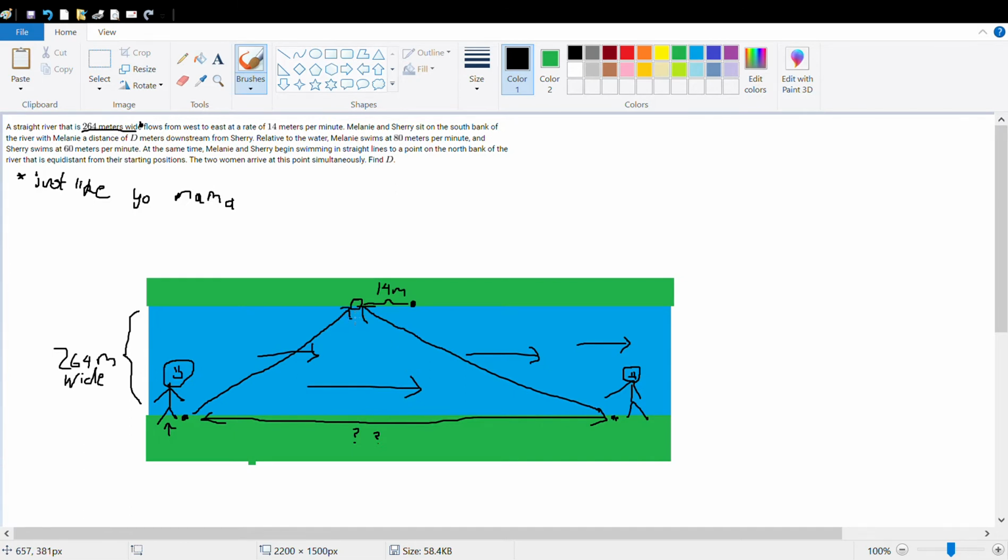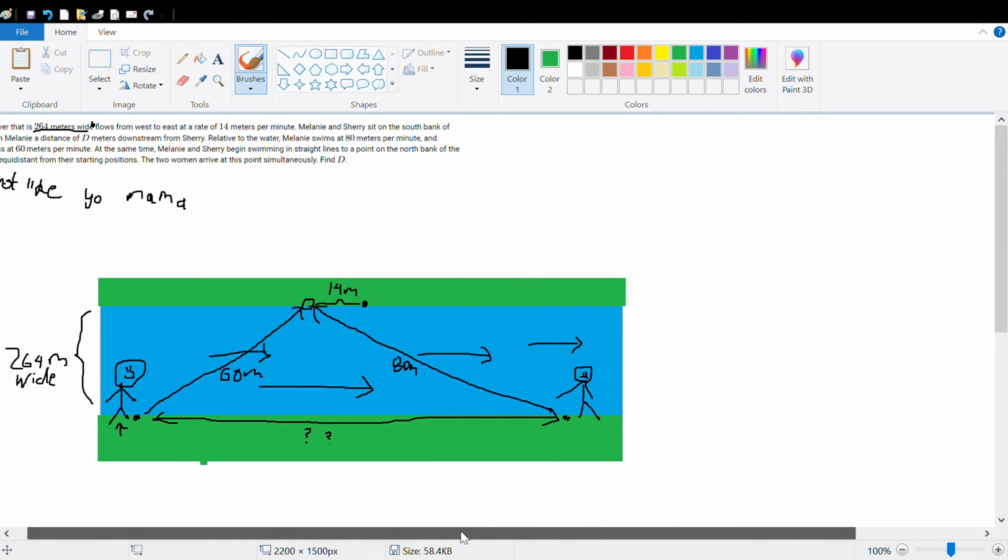So they both aim here, and that's 14m. And now we have a geometry problem. Since we also know what these lengths are, this is 60m and this is 80m. So we can draw a sketch without all the beautiful art.